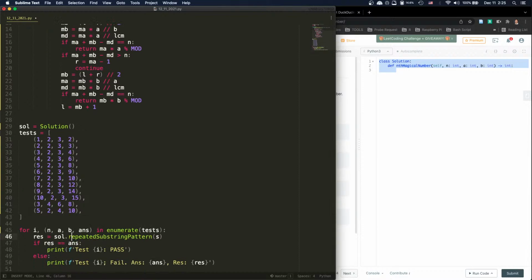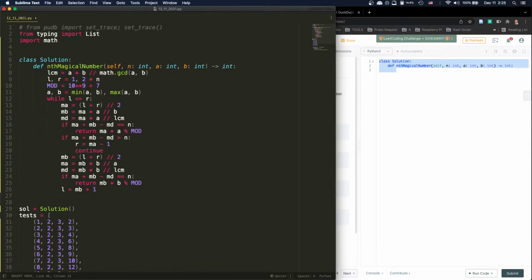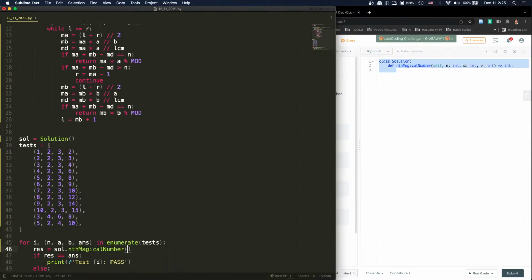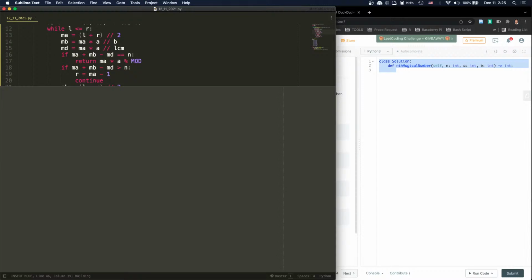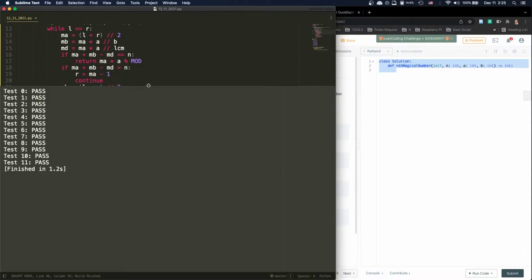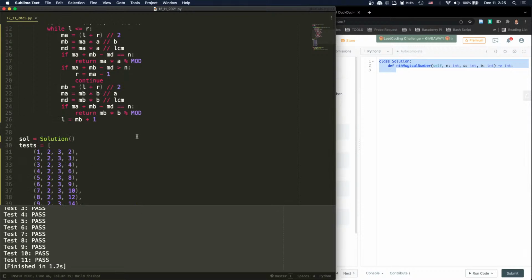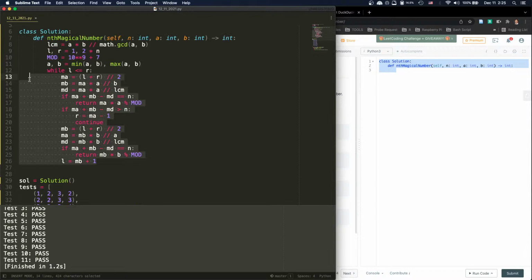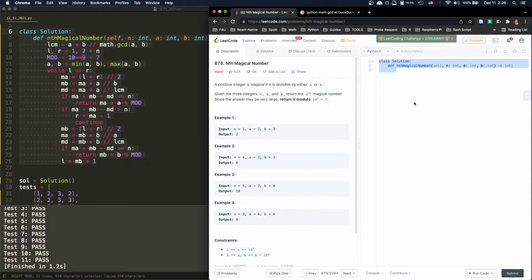The nth magical number, A and B. All right, let's see. Oh, we passed everything. Oh, wow. I am not expecting this. All right, we're going to test something else.